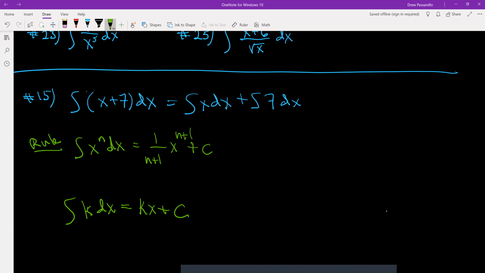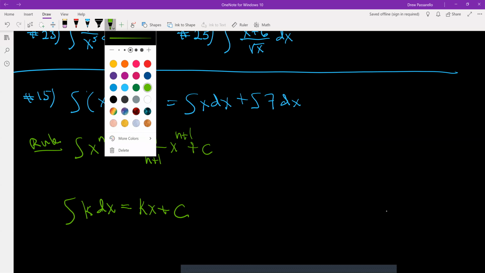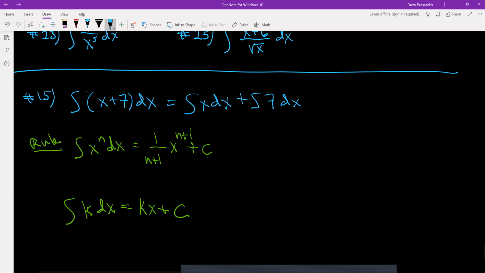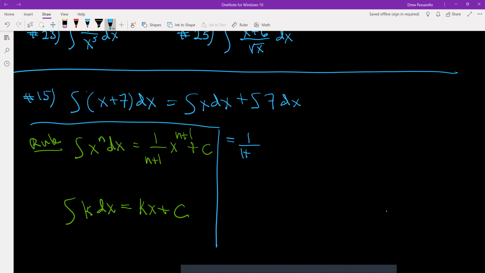So for our example, we have integrating x. That becomes 1 over 1 plus 1, and then x to the 1 plus 1. So that takes based off that relationship.